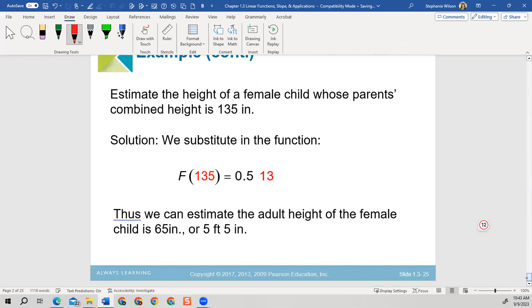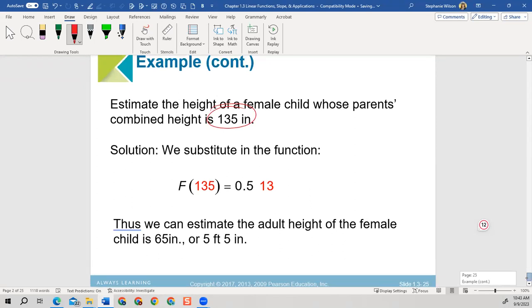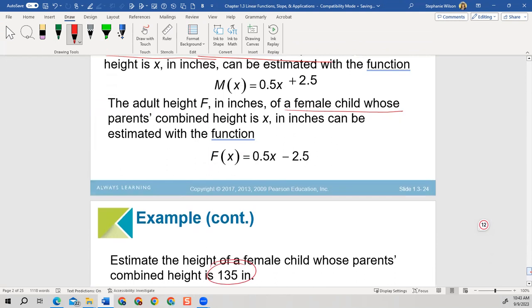So we're going to estimate that the females are 135 inches. So we'd come back up here, and for my x value, we'd just plug in the 135 for my x, right? That's where we're plugging it in. So we get 0.5 times that 135 minus 2.5.